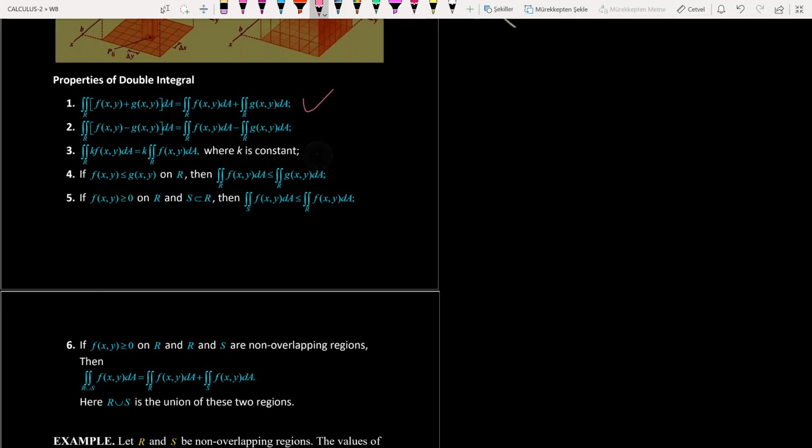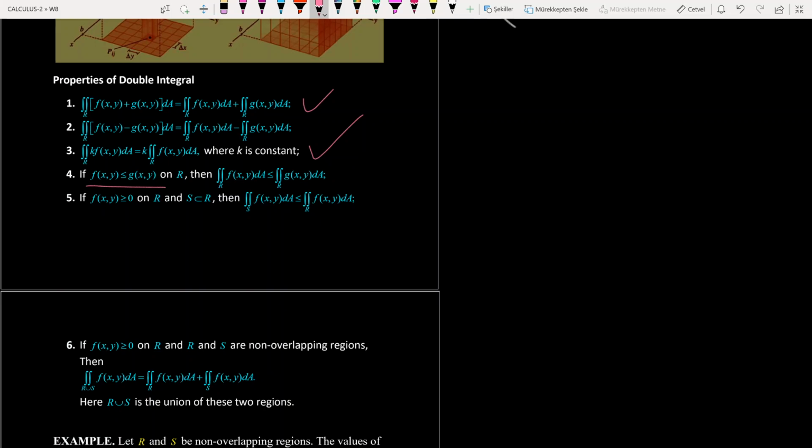You have the same property. If you want to multiply by a constant k, it's possible to take outside the constant. If you have a relation between two functions, if g is greater than f, then of course the double integral of g on a region is also greater than that of f.